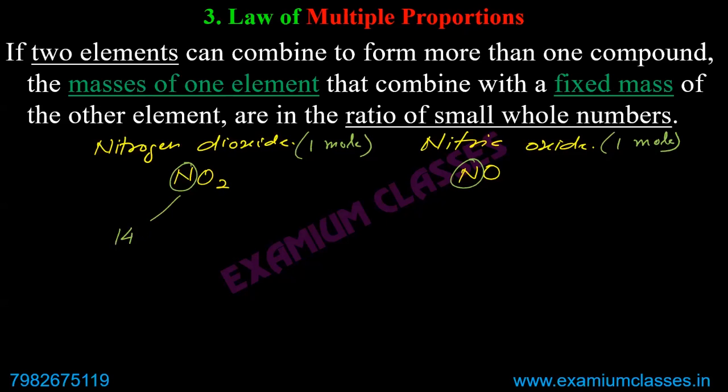So in 1 mole, this will be 14 gram. Oxygen will be 16 to the 32 grams. In nitric oxide, nitrogen 14 grams and oxygen 16 grams.